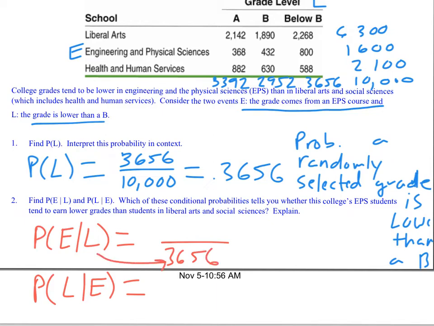Always over the condition. Okay, and then on the top you would have, and you're only looking at that category of grades that were lower than a B. 800 of them were in engineering and physical science courses. That's about 0.22.